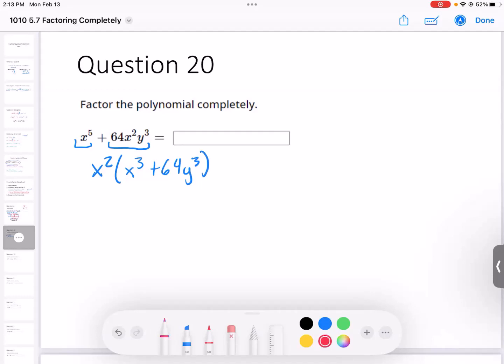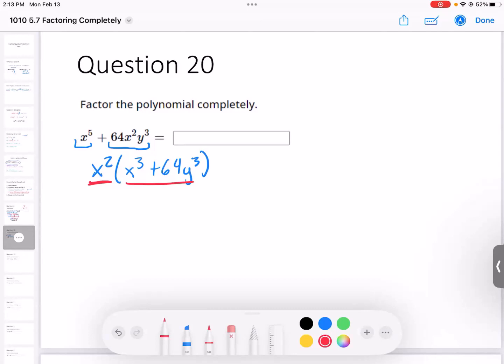Okay, so now I'm going to look at each of my factors. Can I factor x squared any further? Nope, already fully factored. What about x cubed plus 64y cubed? Yep, because that's a sum of cubes.